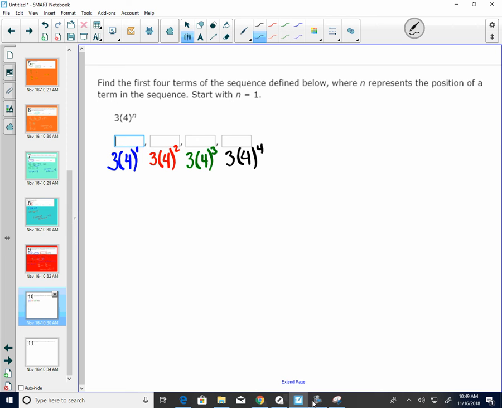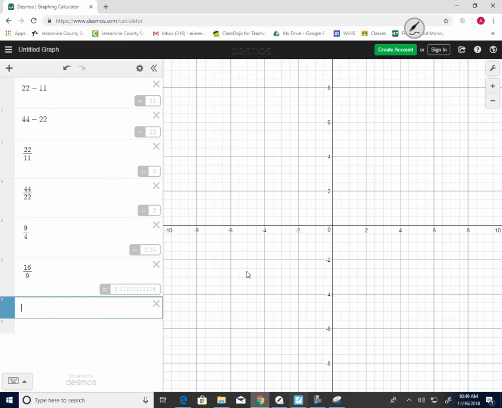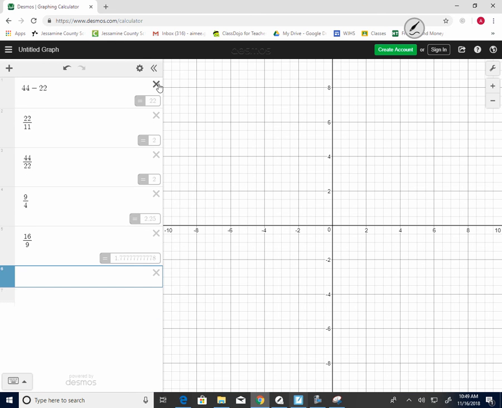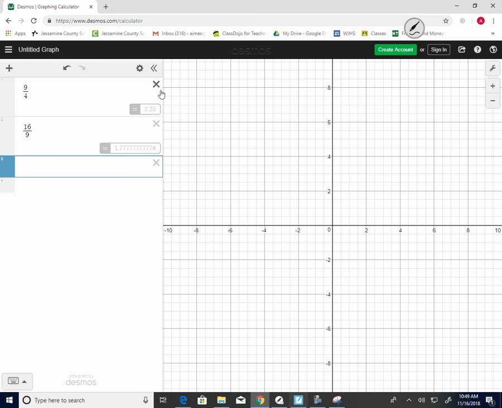This is where you can go to your calculator and type these in.